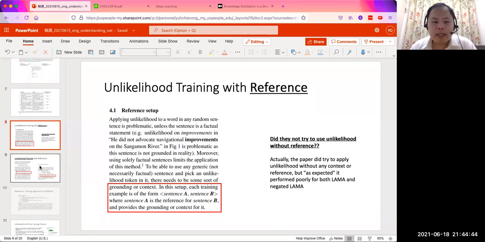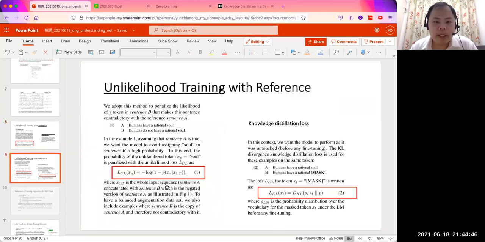Let's go a bit deeper and look at what unlikelihood training is. If you look at how the loss is defined, in the middle of it we have 1 minus the probability of the token u given the previous utterances.